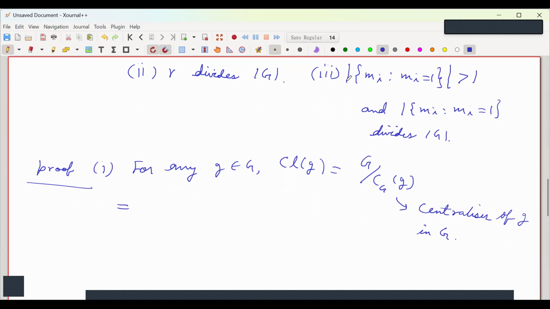And this implies, is it okay, right? Yes. This contains all the elements which commute with g.